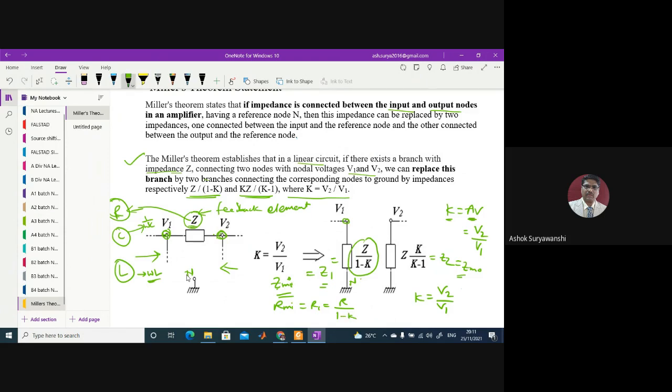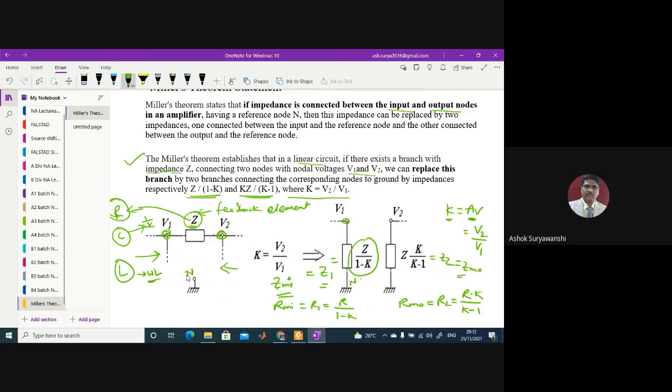Similarly, RMO will be equal to R2, which equals R into K upon K minus 1, where K is the ratio V2 by V1, output voltage upon input voltage, or output node voltage divided by input node voltage, and R is the value of the resistance between the input and output, that is the feedback element.